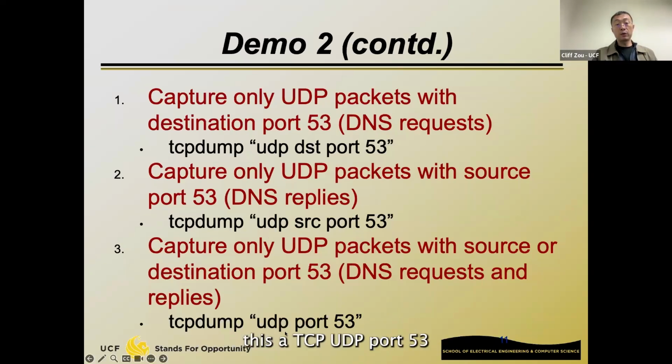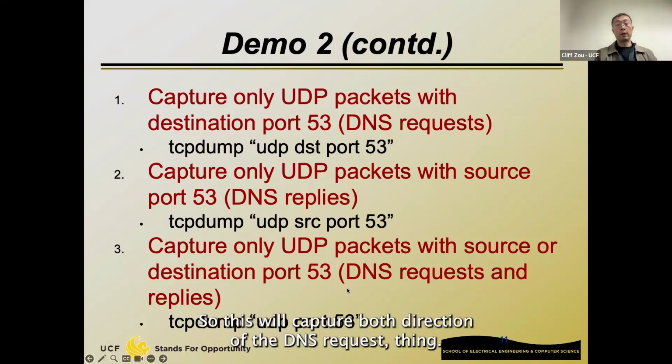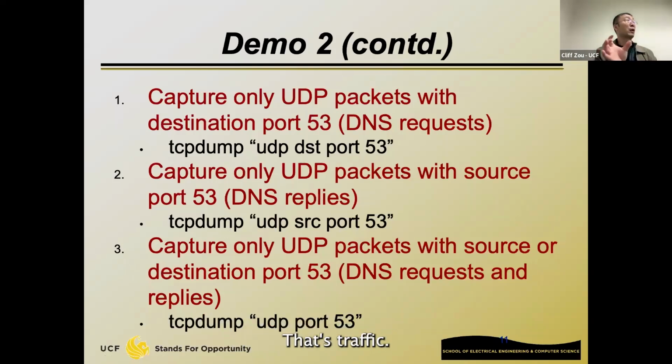This tcpdump udp port 53 captures either source port 53 or destination port 53, so it captures both directions of the DNS traffic. This one only captures DNS traffic sent from the DNS server to the client.